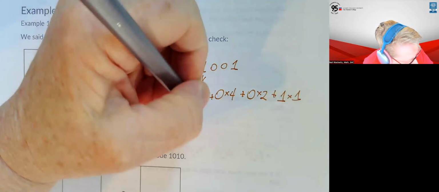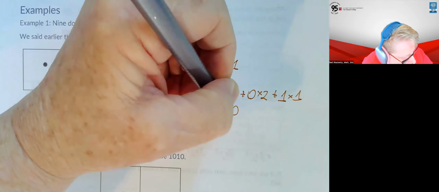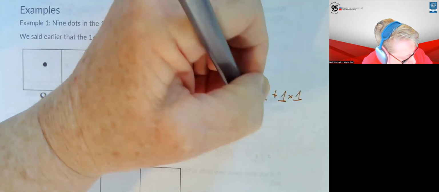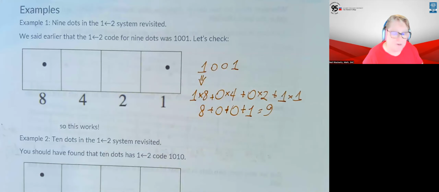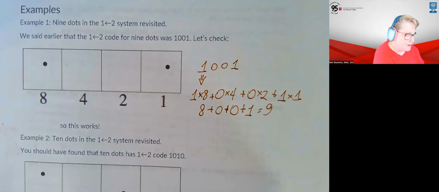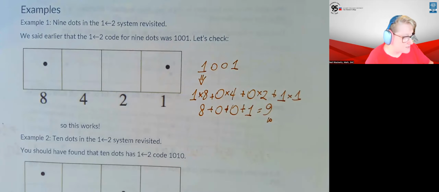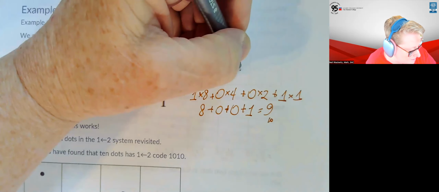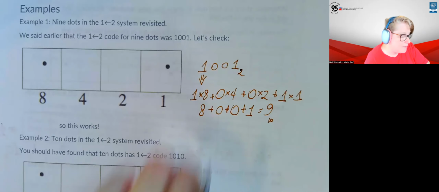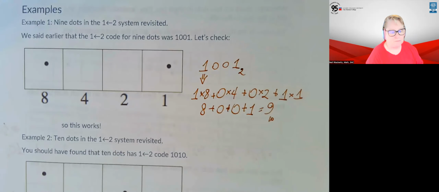Well, that's just 8 plus, let's just put in zeros, plus 1 is 9. So the decimal number 9, if I put a little 10, we'll know that that's the decimal number 9, is the same as 1001 base 2.